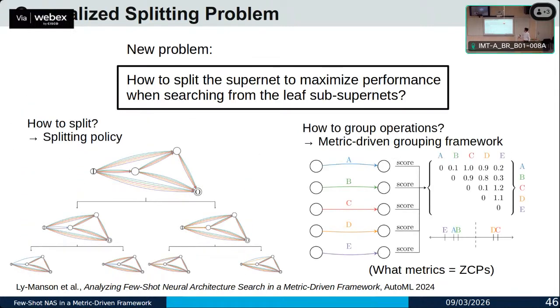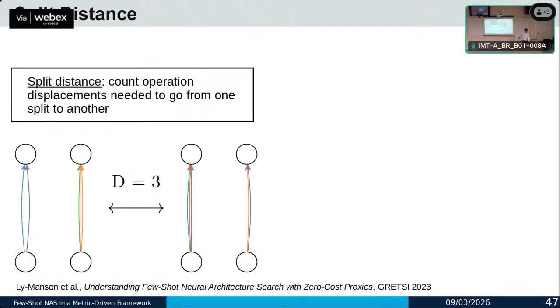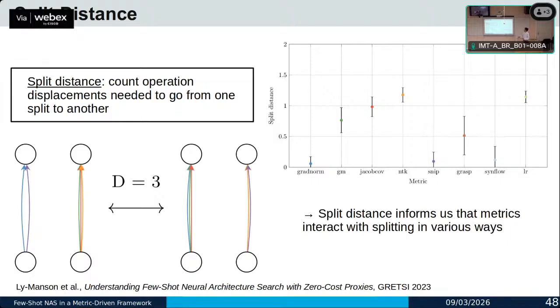So of course, this framework we would want to benchmark, but before even benchmarking with some numbers, we can look at the innate properties of the split. And in order to do so, we can use a mathematical tool that we introduced called the split distance. Basically, what the split distance does is we just count how many operations we need to move to go from one possible split to another. And based on this metric, we obtained already some preliminary insights.